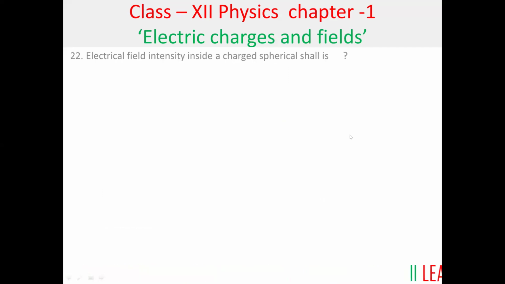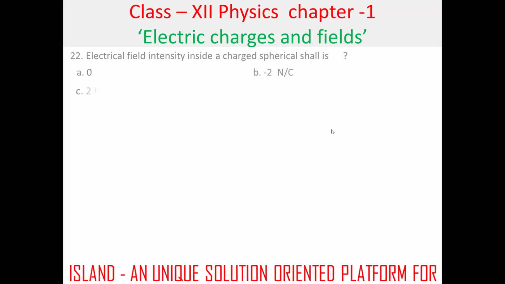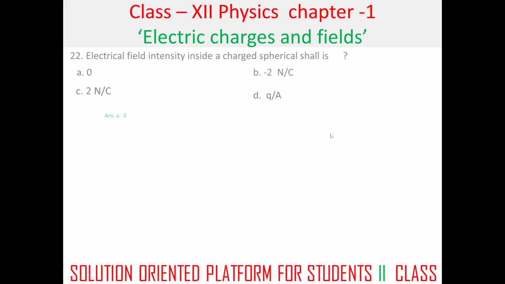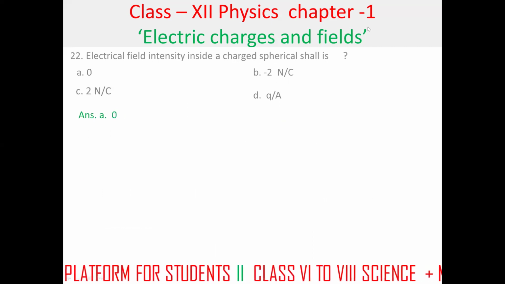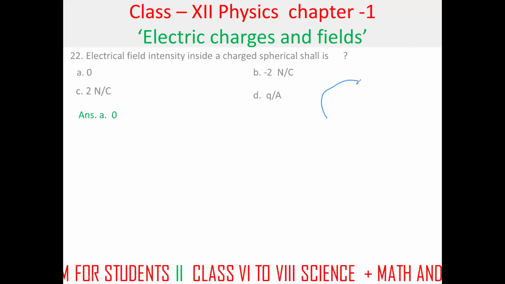Now come to question number 22. Electric field intensity inside a charged spherical shell is. Answer is 0. Inside a spherical shell, the electric field would be 0 because, in a charged spherical shell, the charge will come outside.